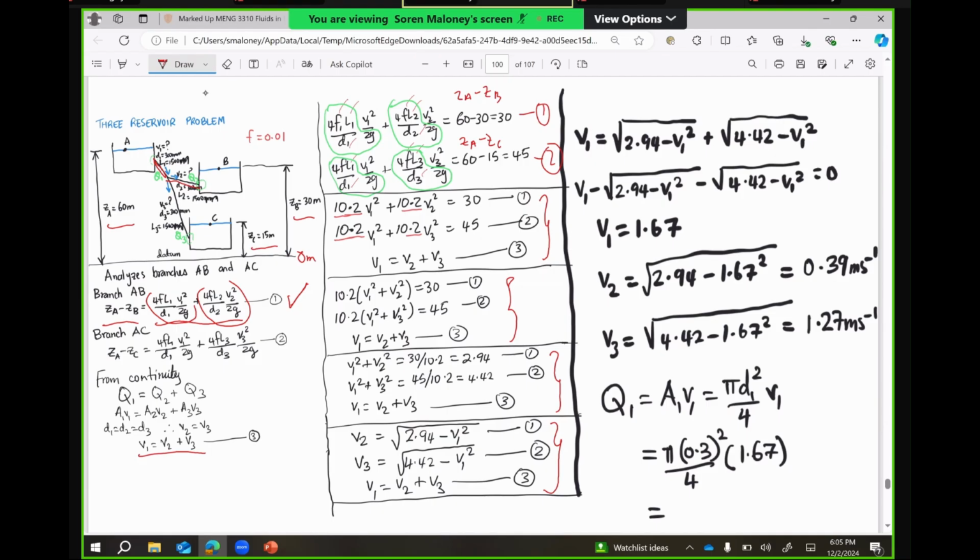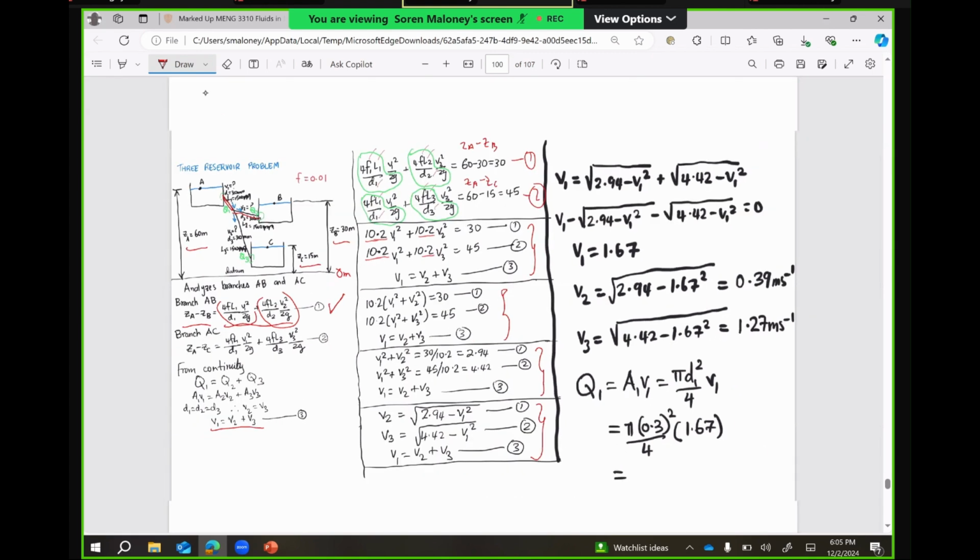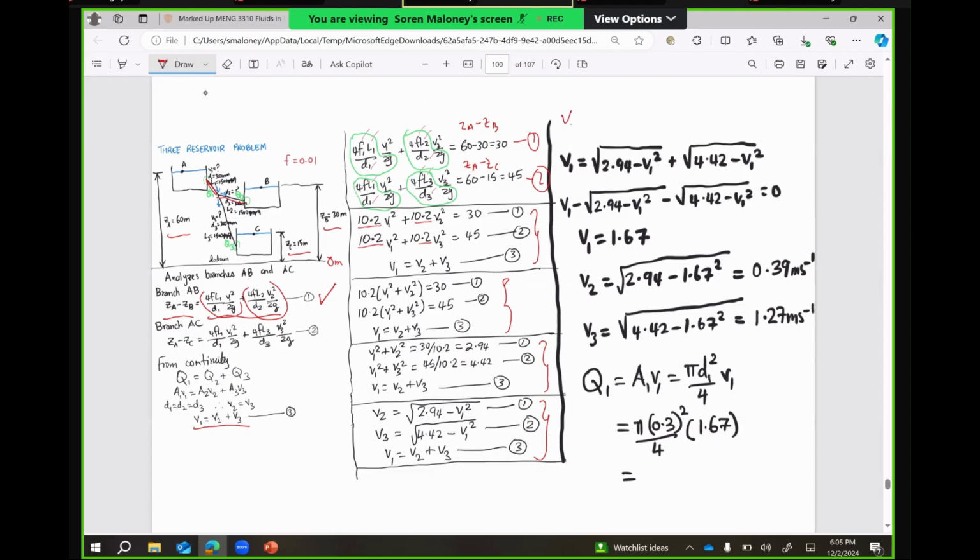So V2 and V3, I write them in terms of V1. And then I take an expression. Remember we said V1 is equal to V2 plus V3. So now this is V2 here, you can see it right there, and this is V3.